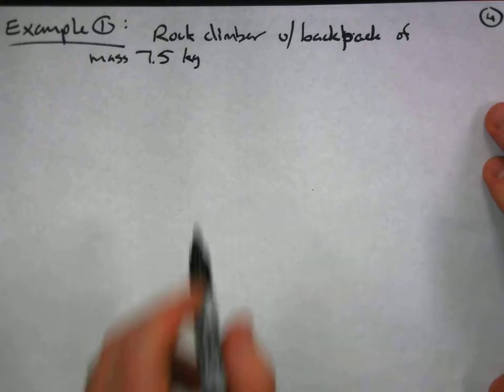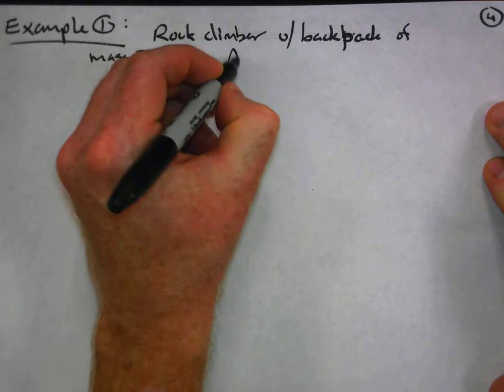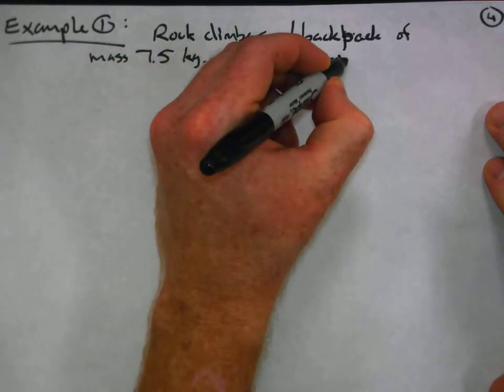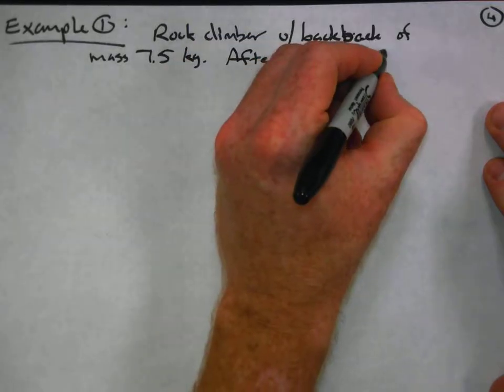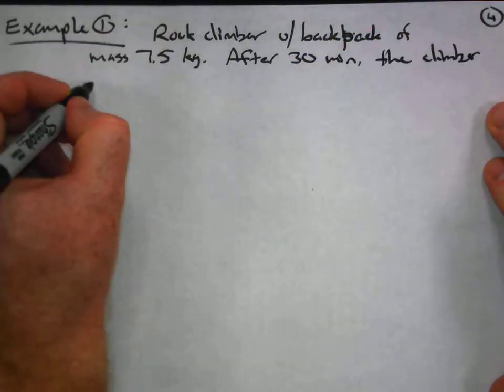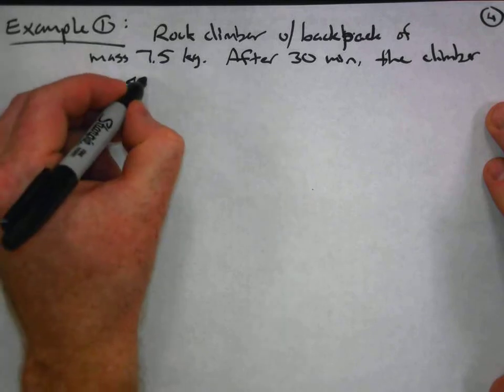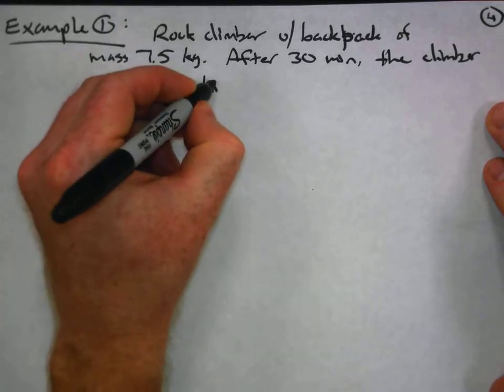And the rock climber is scaling a cliff, so climbing a cliff. Then after 30 minutes, the climber is let's say 8.2 meters above the starting point. So 8.2 meters higher.